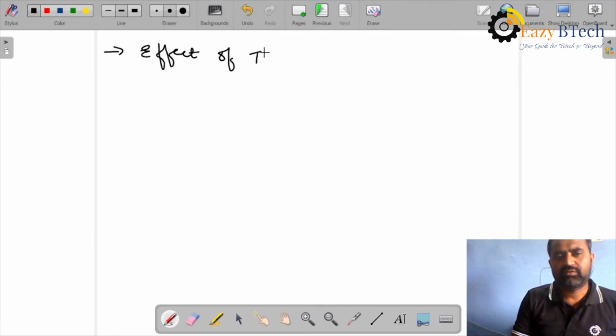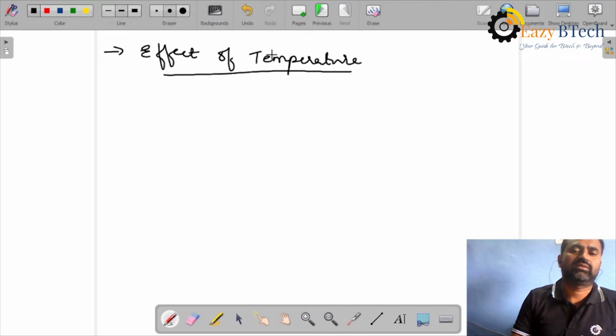Effect of temperature. Now you can see the standard statement. You have to follow that.